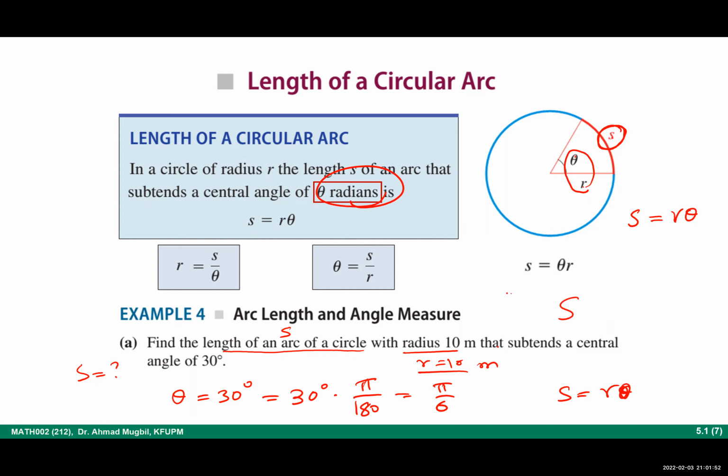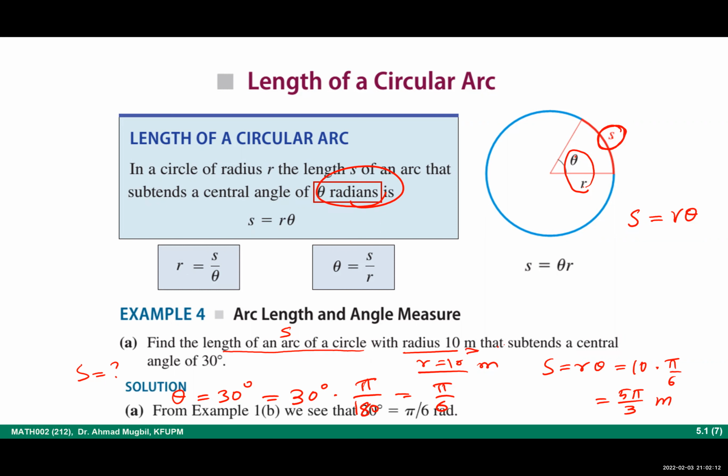R is 10 and theta is pi over 6. This is 5 pi over 3. What is the units? Meter. The length, of course, here is in meters.